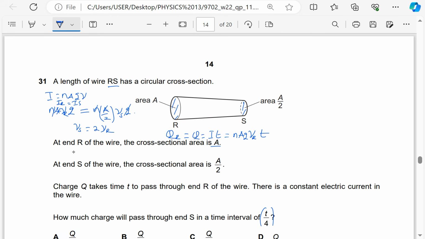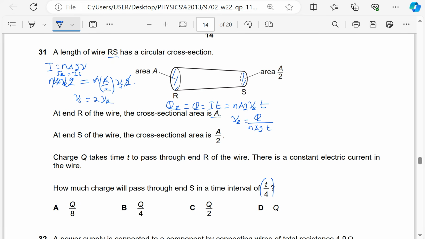So total charge Q is equal to that. When I make VR the subject, VR is going to be equal to total charge Q divided by N A times the charge of each charge carrier, then times t.